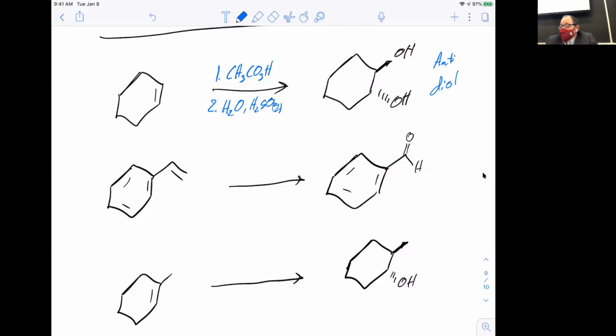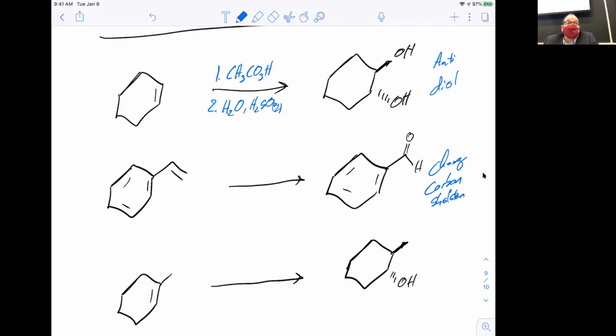The second one, if we notice, we're actually changing our carbon skeleton. Right now, you only know a few ways to change a carbon skeleton, so it's important to notice if it is changed. One is carbocation rearrangement.